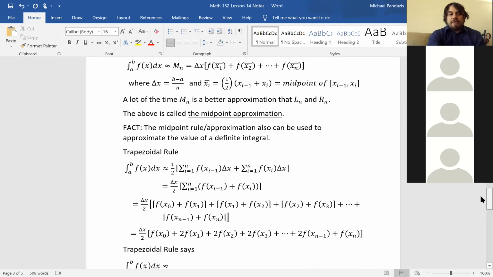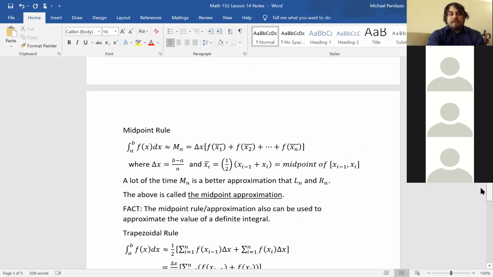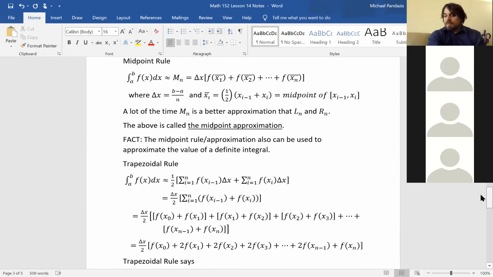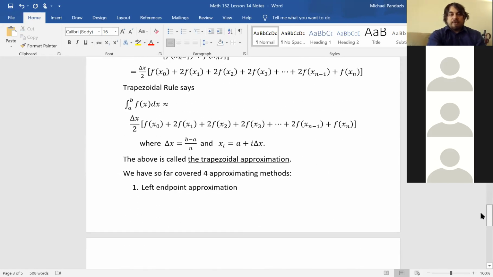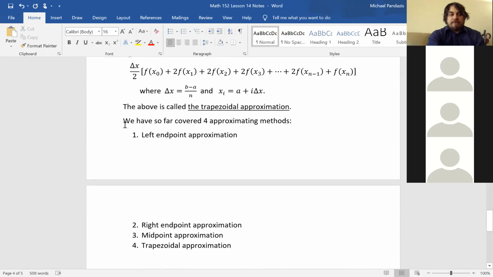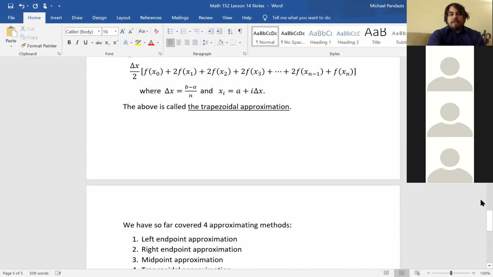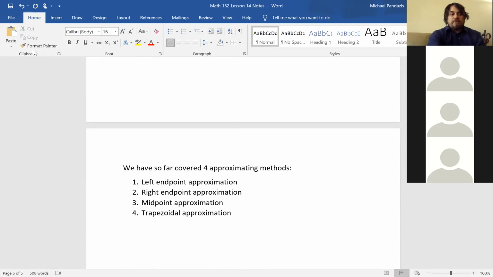And then there's the midpoint approximation and the trapezoidal approximation. So we have 4 methods so far. We have so far covered 4 approximating methods: left endpoint approximation, right endpoint approximation, midpoint approximation, and trapezoidal approximation.